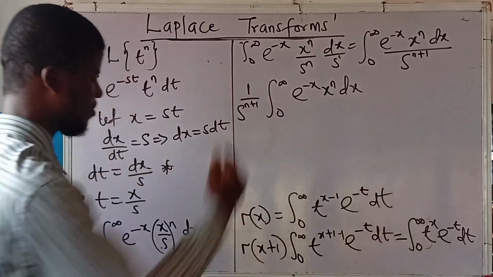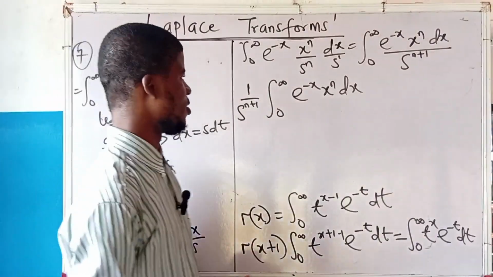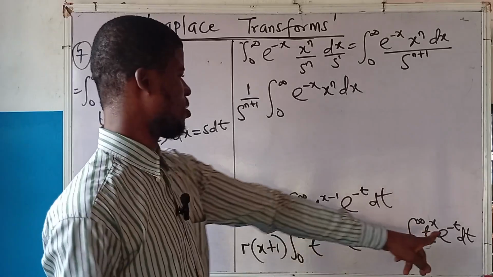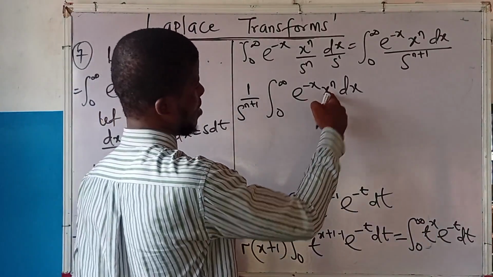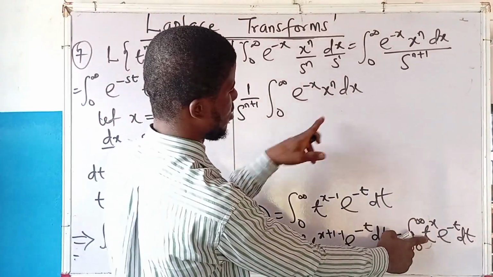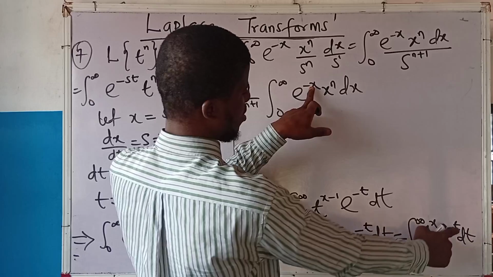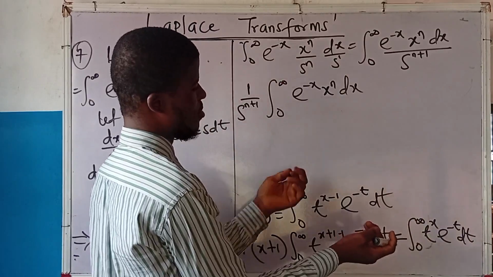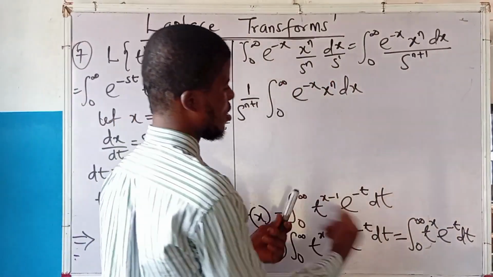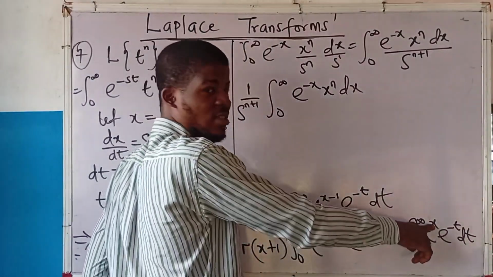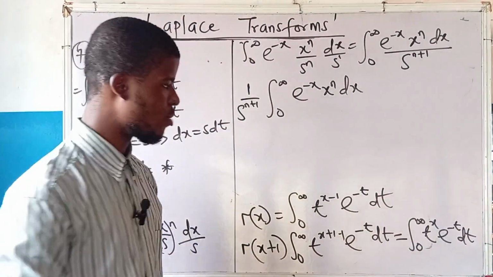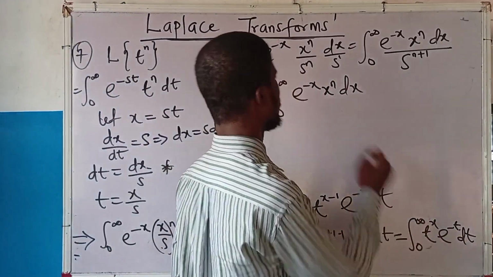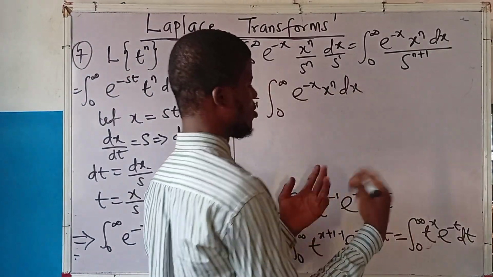It's similar to what we have here. In this case, my x is t. x is standing in place of t. So this integral now is gamma of n plus 1, because n here is replacing x. I hope you understand the language I'm speaking. We have x, we have t. So x here is t here. It does not matter.